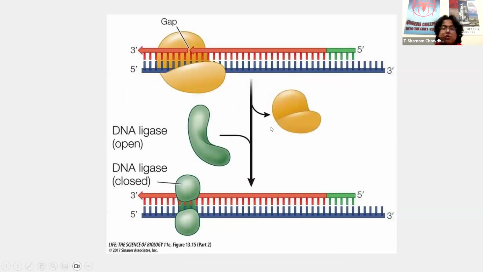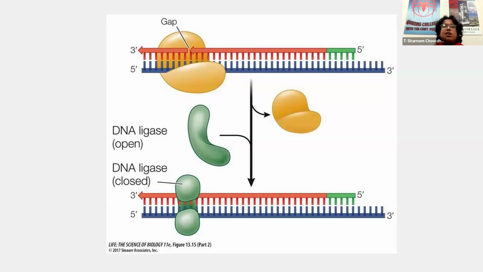And in order to get rid of the RNA primer, DNA polymerase 1 replaces the primer with DNA, and then you have a gap in between. Because you have a gap, the DNA polymerase leaves and DNA ligase comes in and closes that gap.